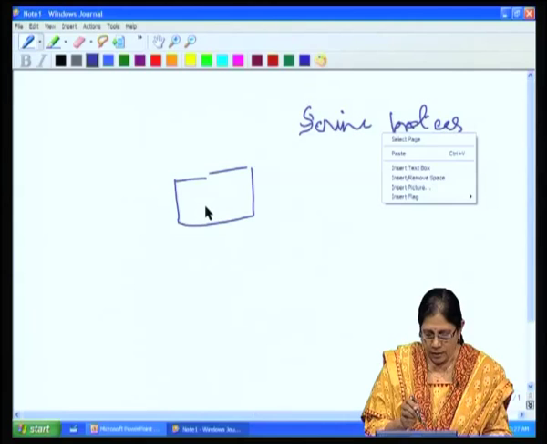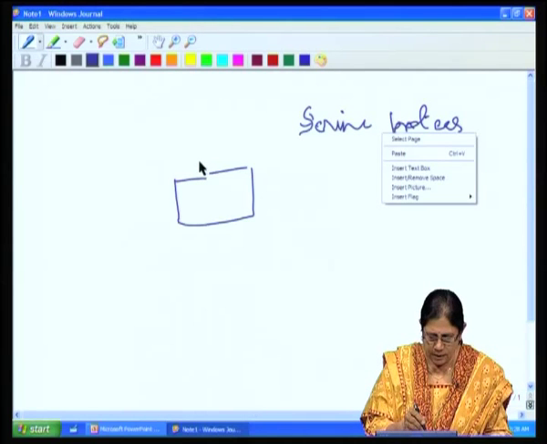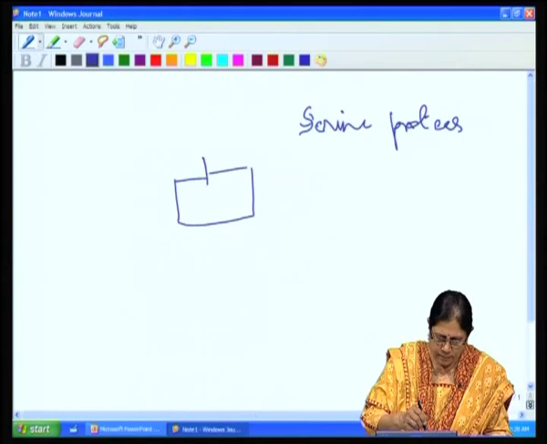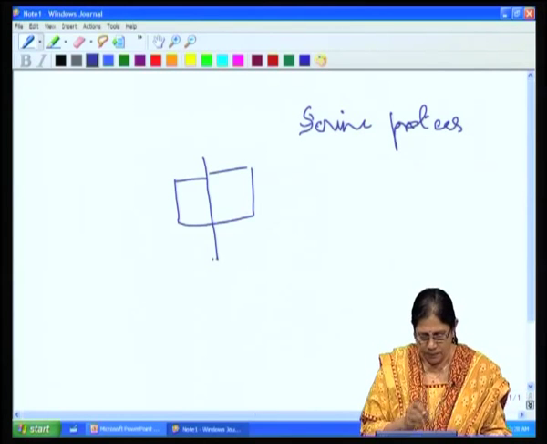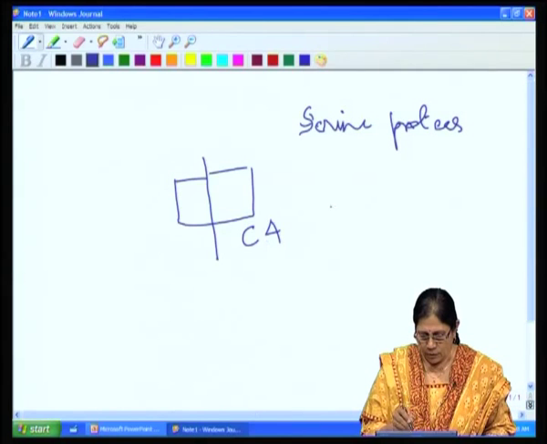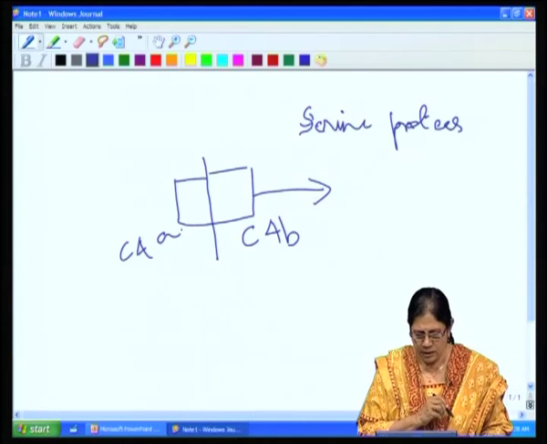Now, when a complement component gets activated, and I will tell you how the activation happens, there is usually a cleavage. Let us say this one is C4. The larger fragment would be C4b, and the smaller fragment C4a.